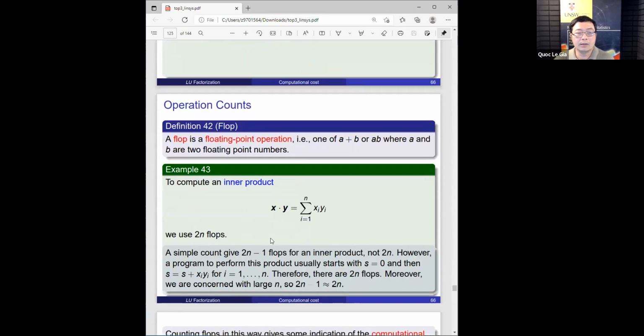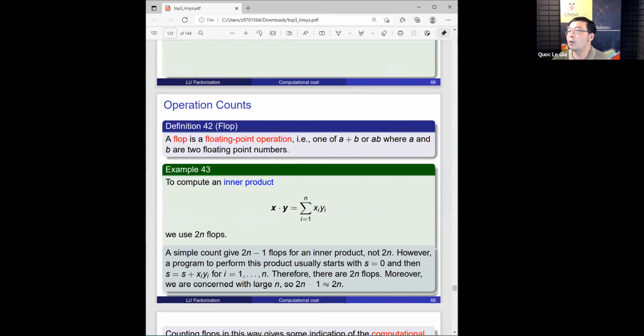Well, you take x1 multiplied by y1, so 1 multiplication, and then you take x2 multiplied by y2, so 2 multiplications, and so in total n multiplications. And after that, you add all of them, so you get n minus 1 additions. So in total it is 2n minus 1 floating point operations.